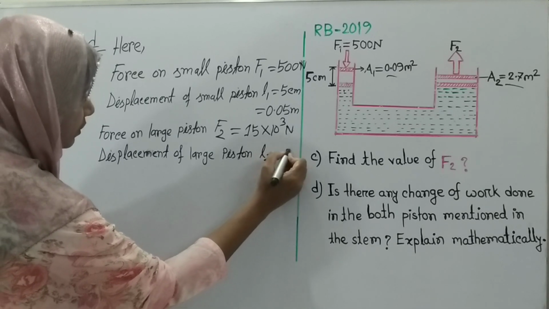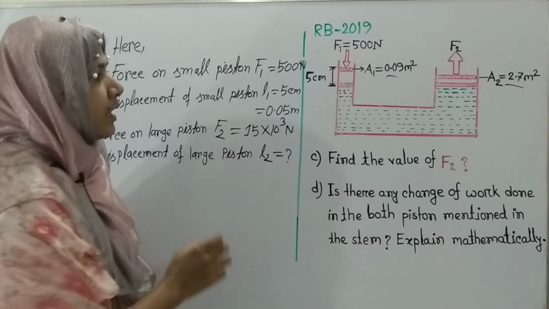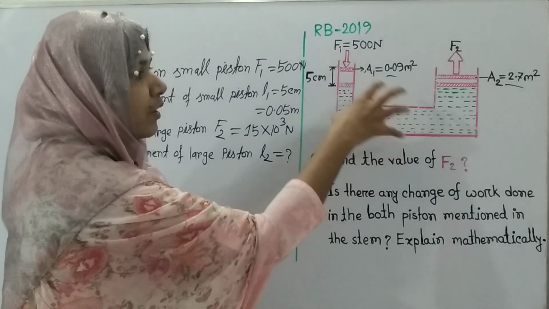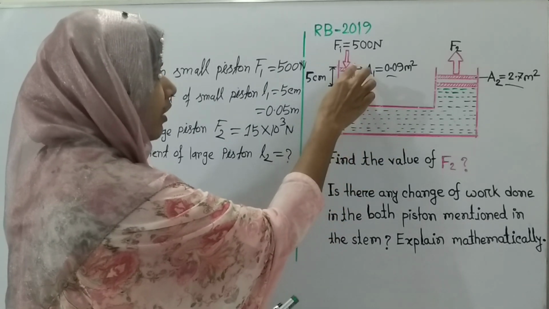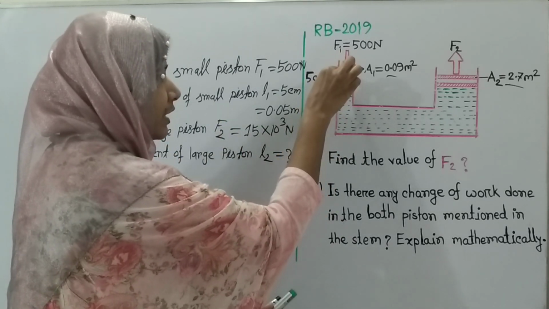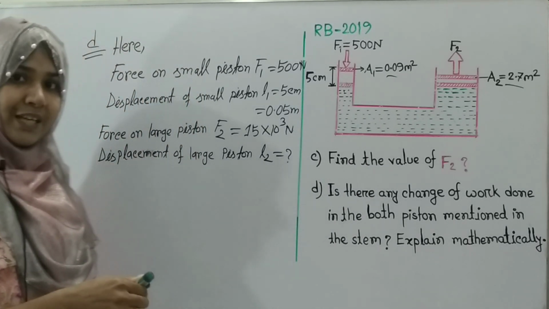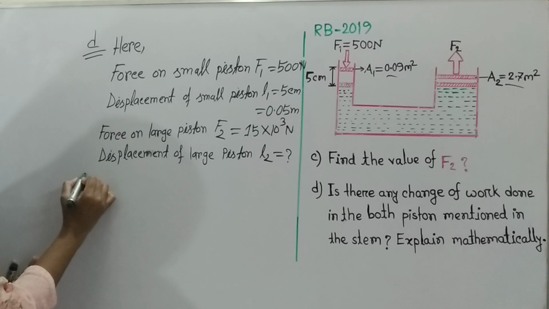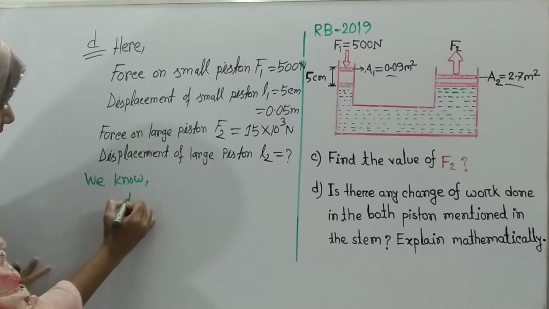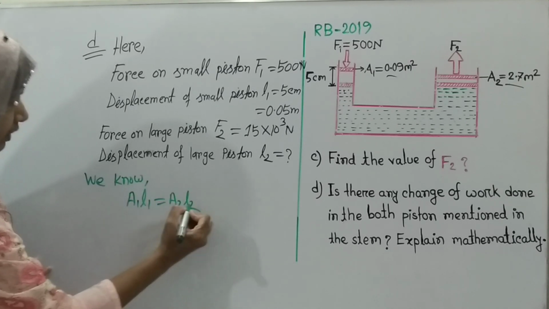L2 equals what? Now here you can see that the liquid which is filled in that machine is incompressible. That means the volume of the liquid on the small piston will be equal to the volume of liquid of the larger piston. So we can write that A1 L1 equals A2 L2.